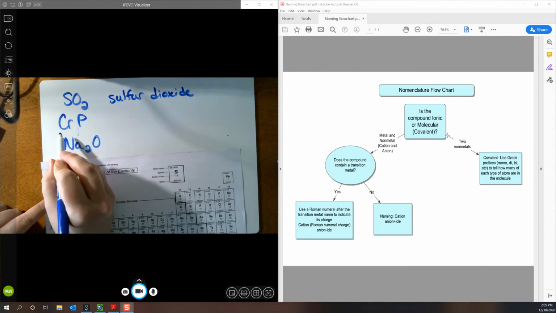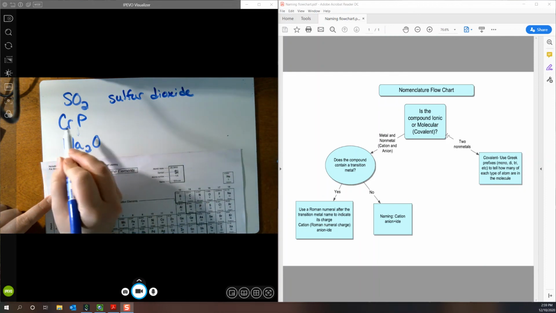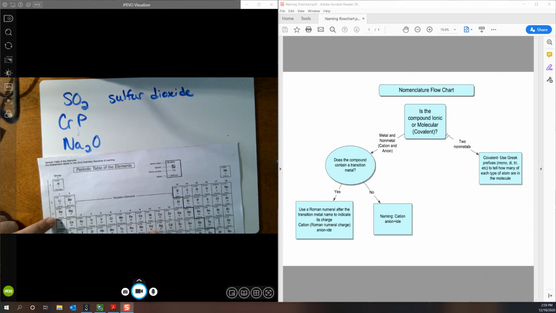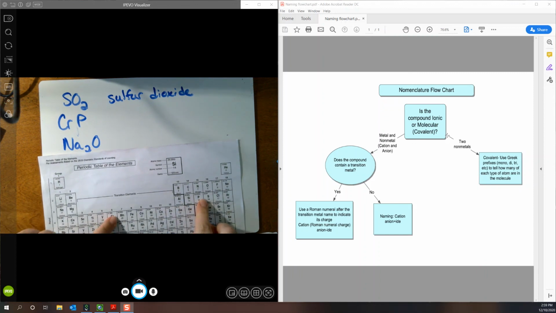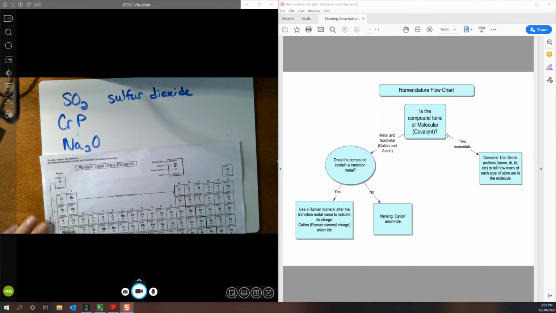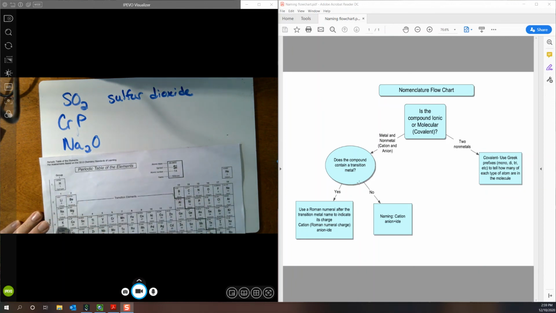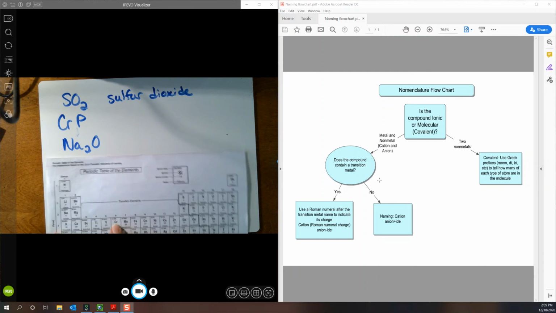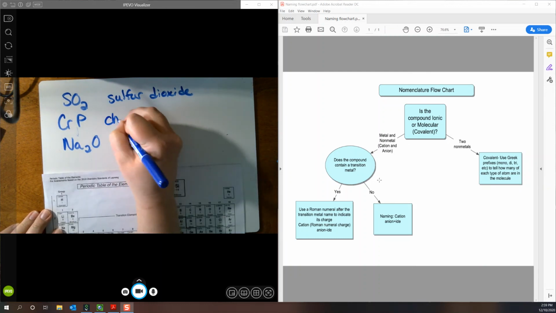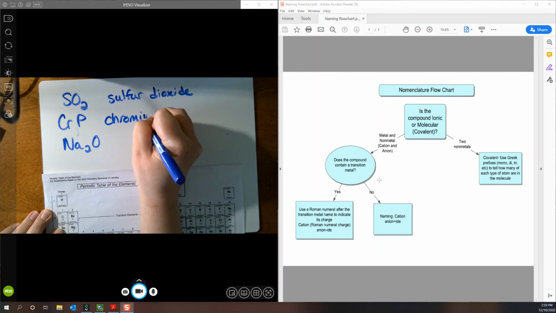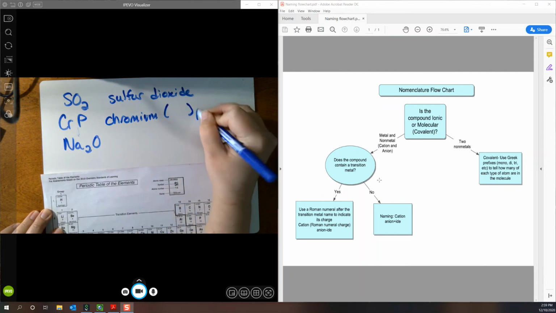Okay. Now for the next one, chromium and phosphorus. Chromium is here and phosphorus is over here. So I have a metal and a nonmetal. So that means that I now have to ask if I have a transition metal. And chromium is in fact a transition metal with multiple oxidation states. So it's going to be chromium something phosphide.